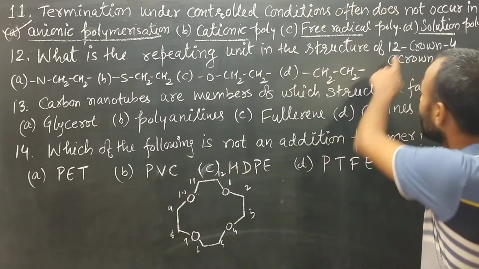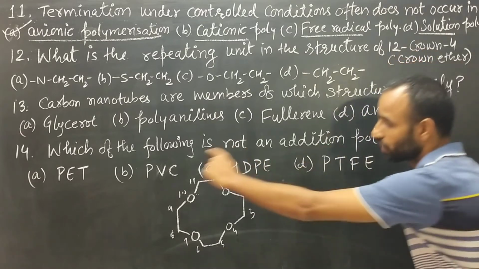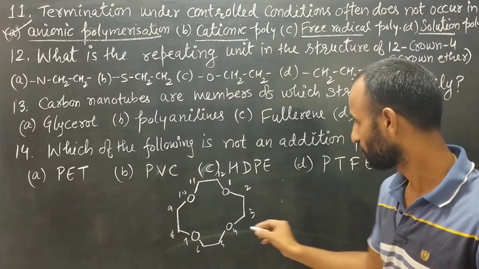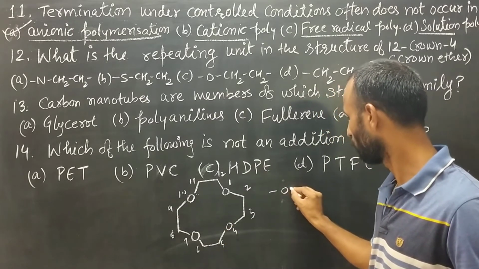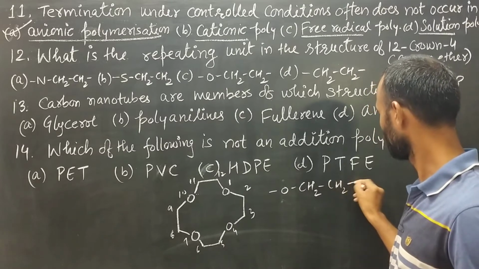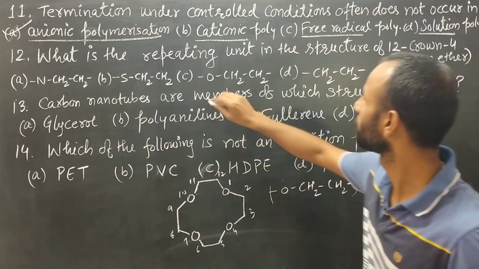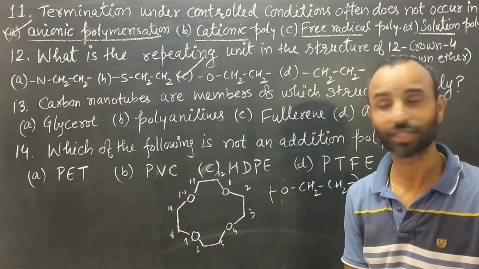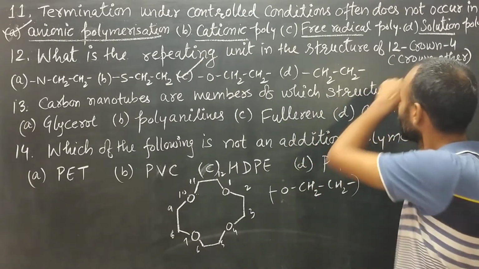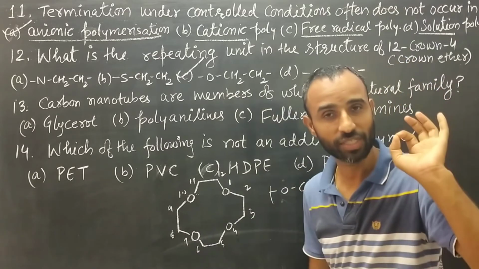So the total is 12, it is crown shaped, and there are 4 oxygens. So the repeating unit is O, CH2, CH2. That means option C is correct. It is written crown ether; the name itself tells us about the presence of oxygen.